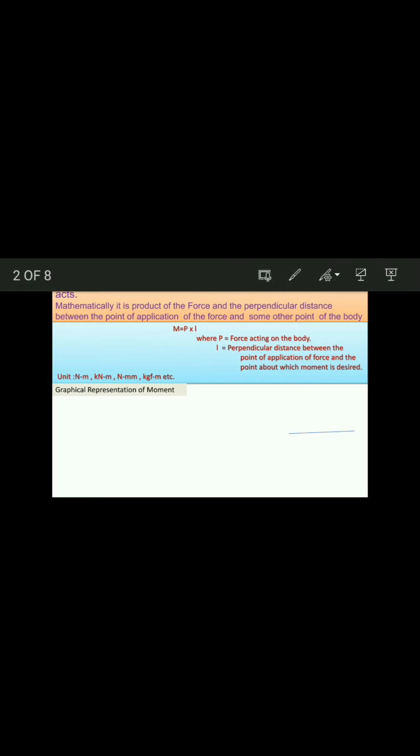If we take the graphical representation of moment, consider a force P. It is represented in magnitude and direction by the line AB. Let O be the point about which the moment is required to be found out.